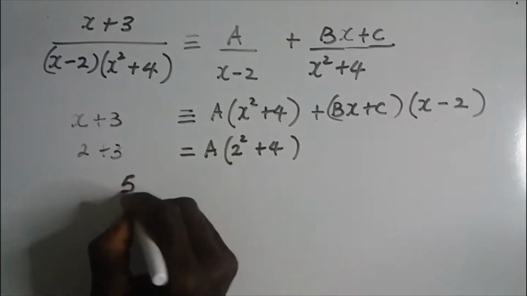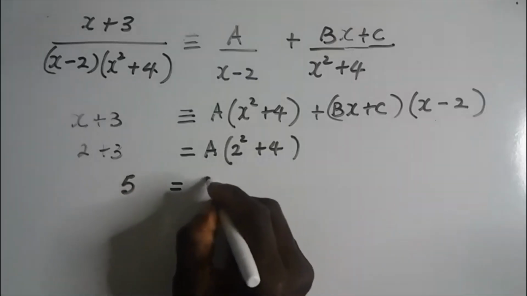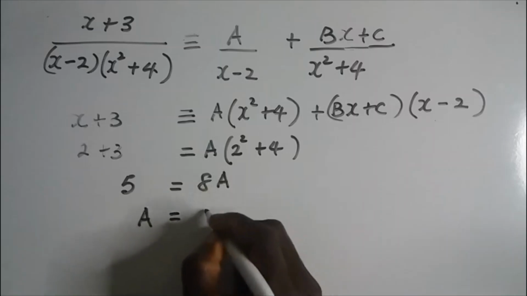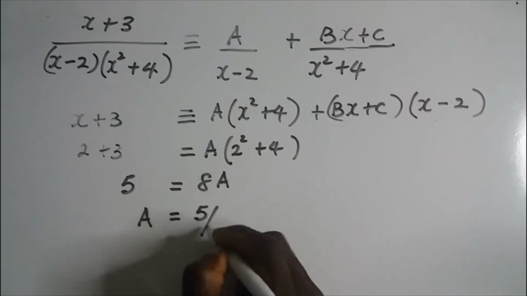So we have 5 is equal to 8a, given that a is equal to 5 over 8.